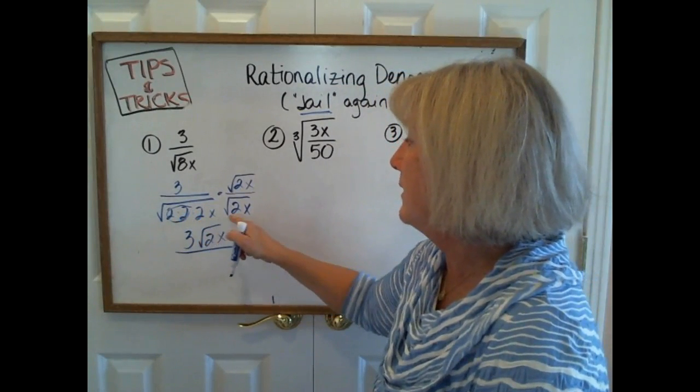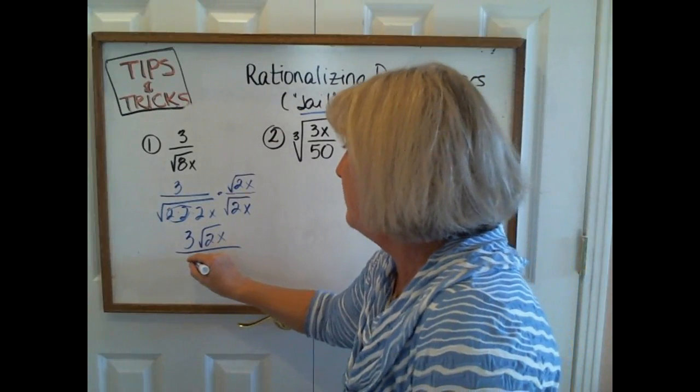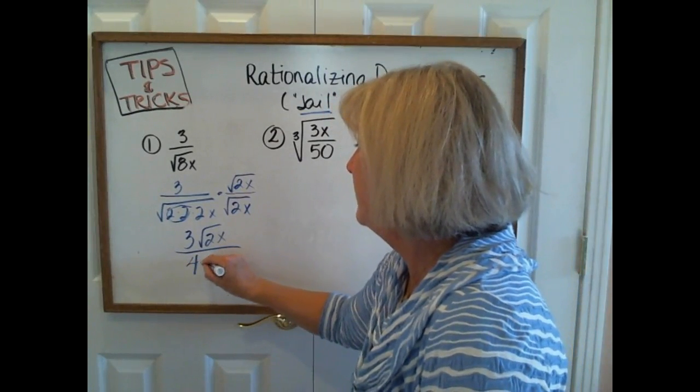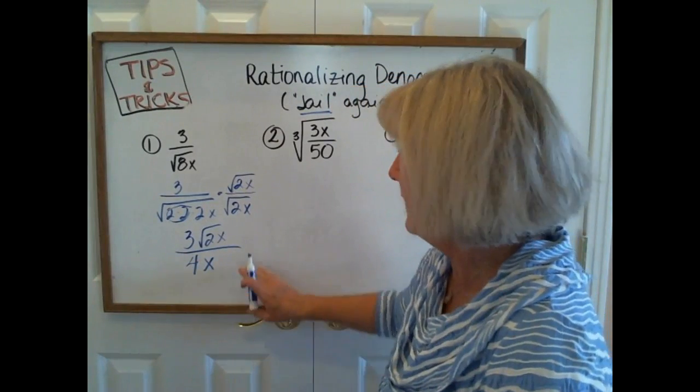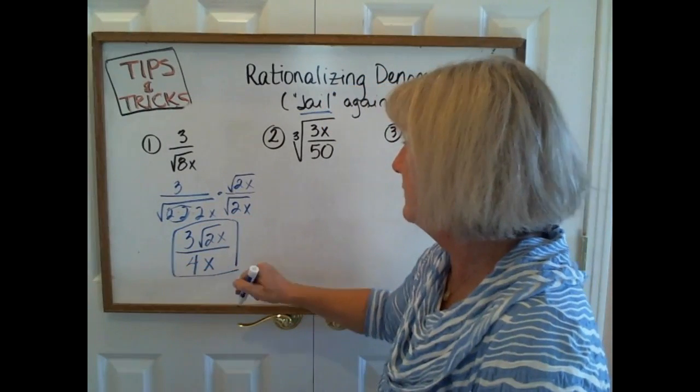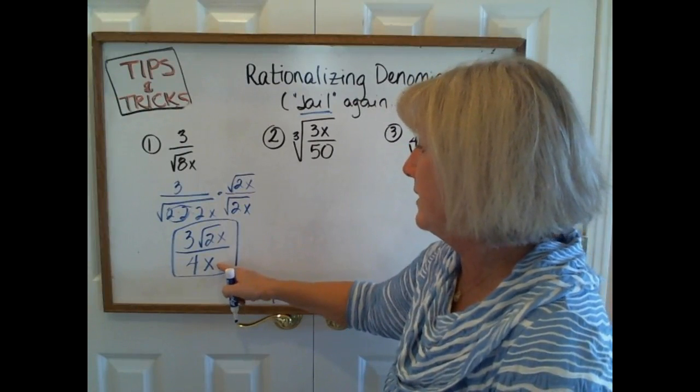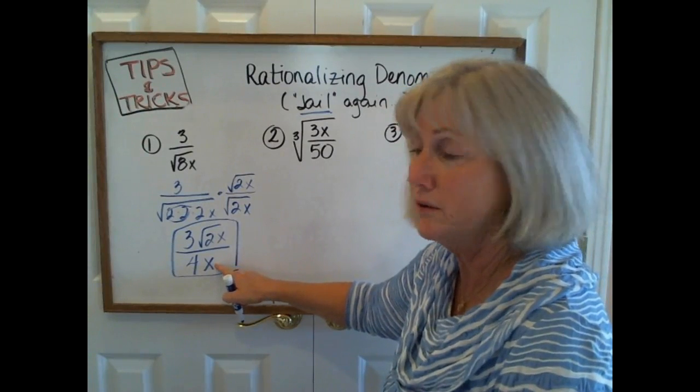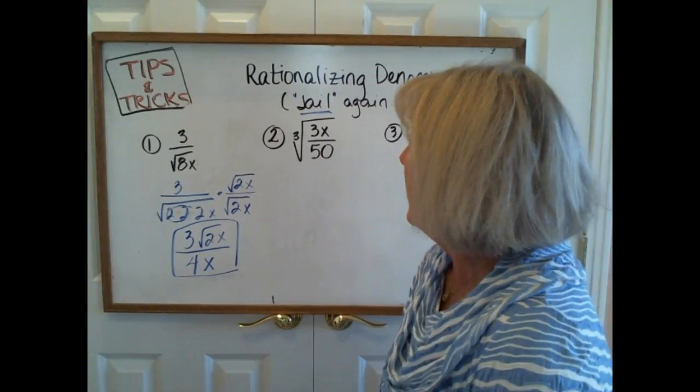One 2 comes out, another 2 comes out, so it's going to be 4x. And that would be the final rationalized denominator, because now there's no more square roots in this denominator.